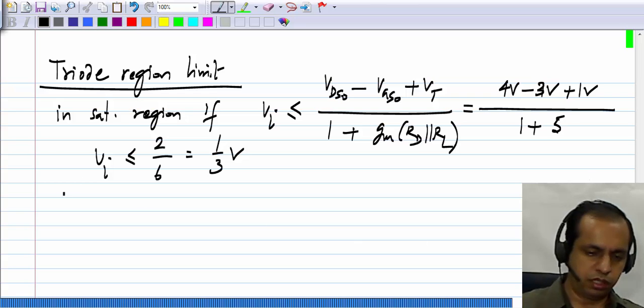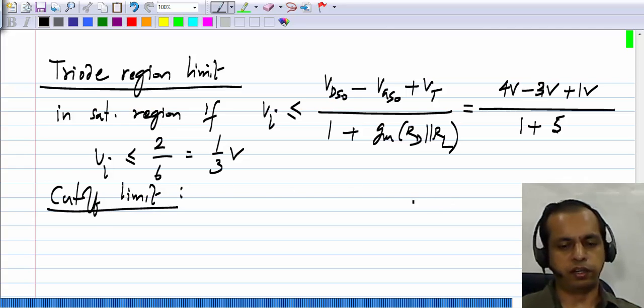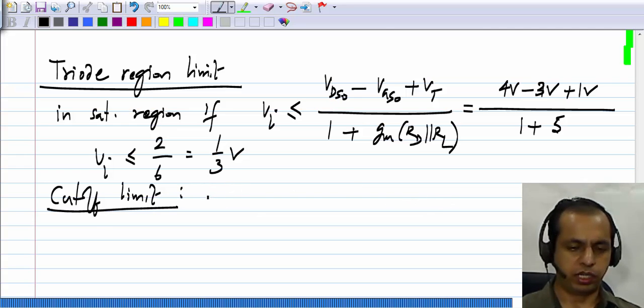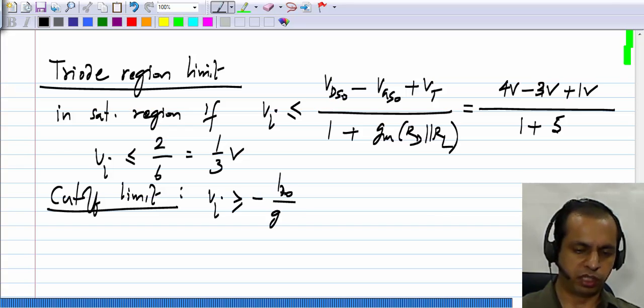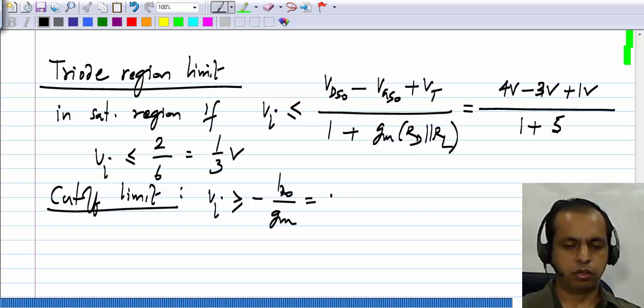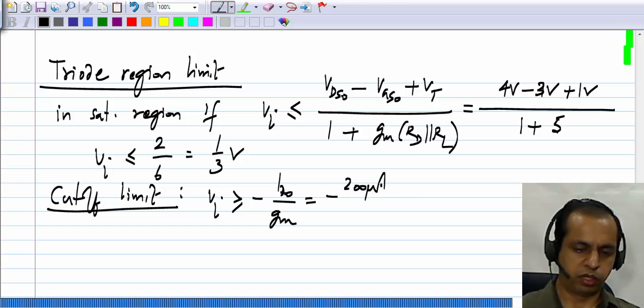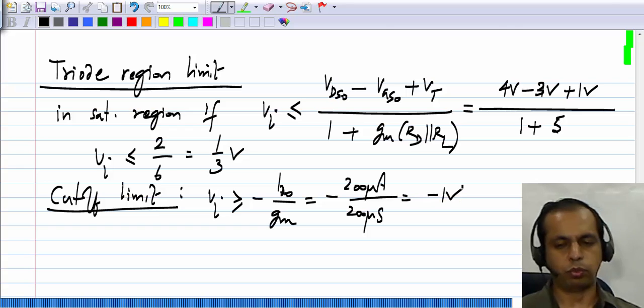And the cutoff limit, if you use the drain current criterion, we know that Vi should be greater than or equal to minus ID0 by Gm, or minus 200 microamperes by 200 microsiemens, which is minus 1 volt.